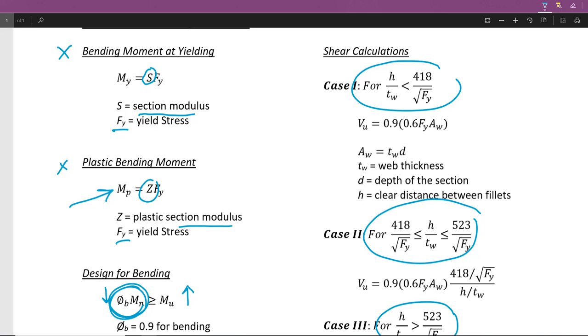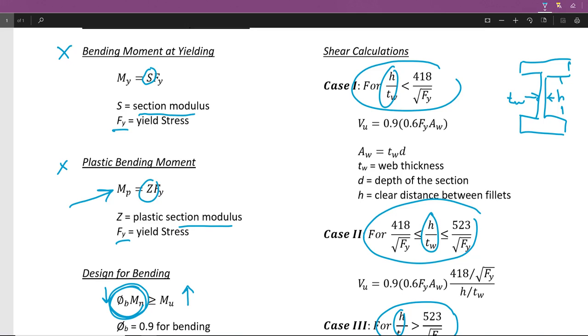What we end up doing is needing to compare the height of our beam to the thickness of the web. So essentially what we're doing is we're comparing the slenderness ratio for the interior of the beam. And you'll notice that that part of the equation holds true in all three cases.